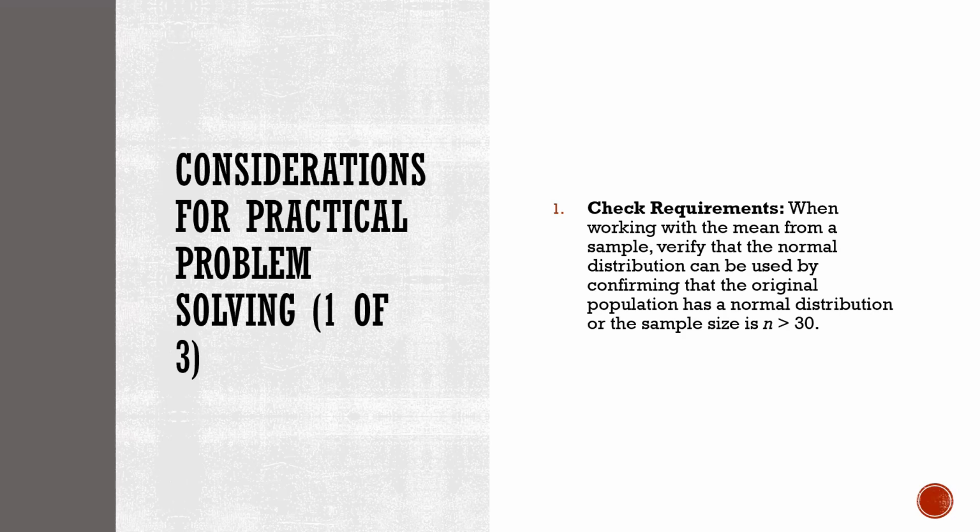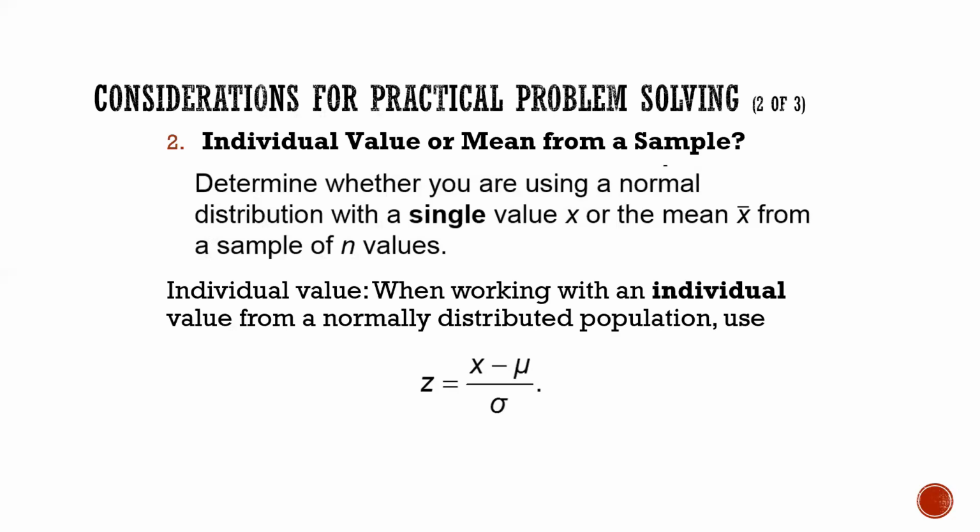So when you're reading these problems, you need to determine, am I using a single value? If it's a single value, it's what we've done in the previous sections in chapter 6, and you can just use the standard deviation.